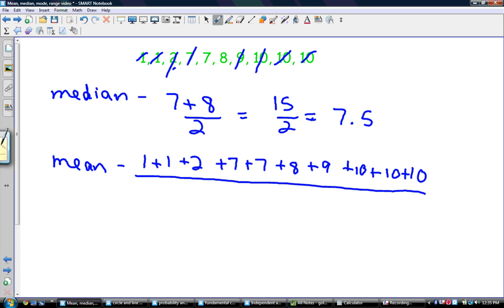So I'm going to have 65 divided by 10, which is going to be just 6.5. So there's my mean.